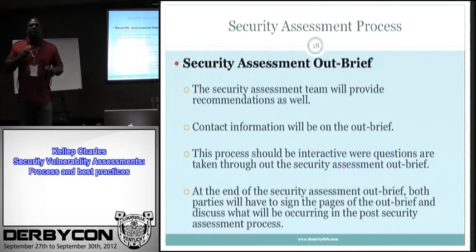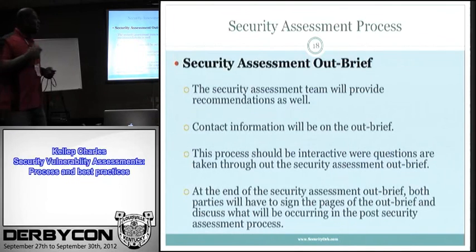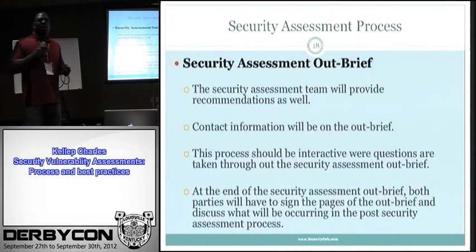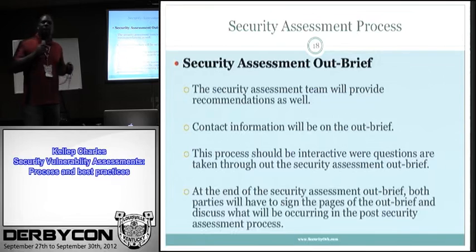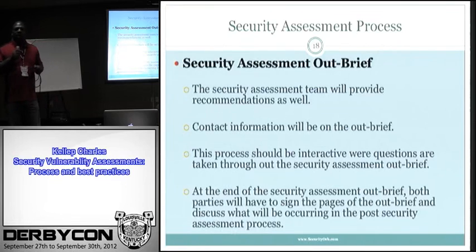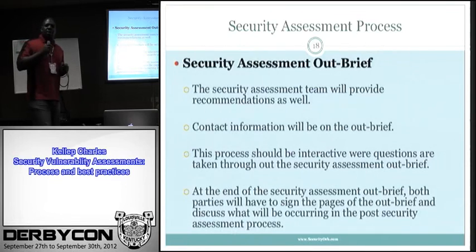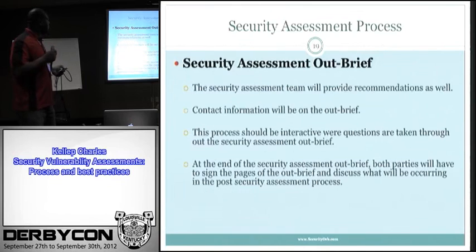At the end of the outbrief, the document is signed. We provide the site that's been assessed about 30 days to fix any additional outstanding findings before we mail or provide the documents to the management, both on our side and the other side.